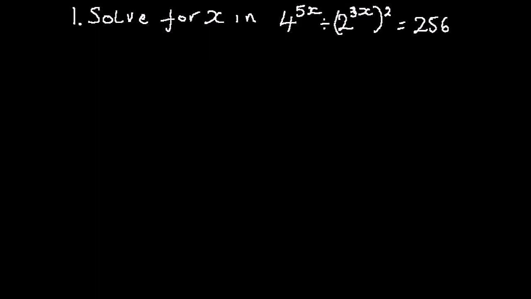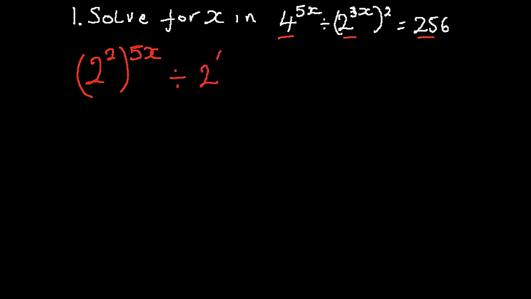So in this question, we will apply the rules of indices. First of all, let us write these terms in a common base. So we say 4 is the same as 2 squared, in brackets raised to power 5x, and then we divide by the other one. We open the bracket, applying the third rule of indices: 3x multiplied by 2 gives us 6x.